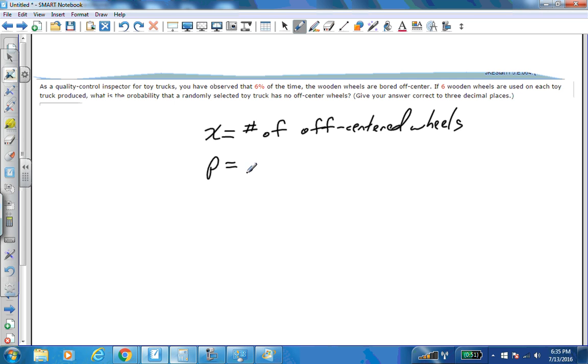That's not saying it's desirable for the hole to be off-centered, but if we're counting off-centered holes, our success is, in a single trial, what is the probability of having an off-centered hole?